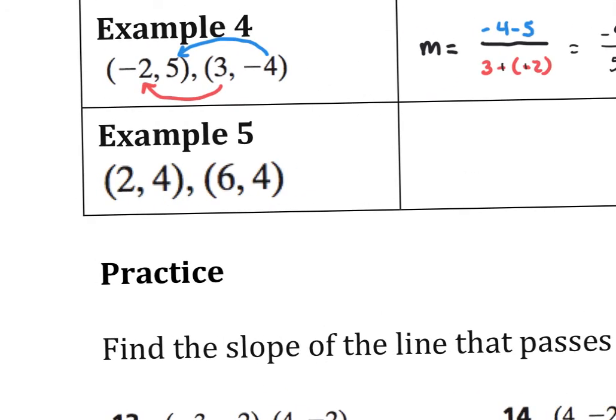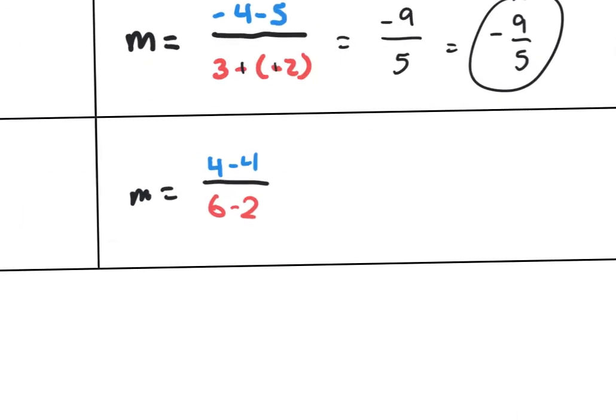All right, approaching this one, I'm going to do the exact same thing. 4 minus 4 goes in the numerator. 4 minus 4. And I'm going to divide by 6 minus 2. And so what we are seeing is that in the numerator we get 0, and in the denominator we get 4.